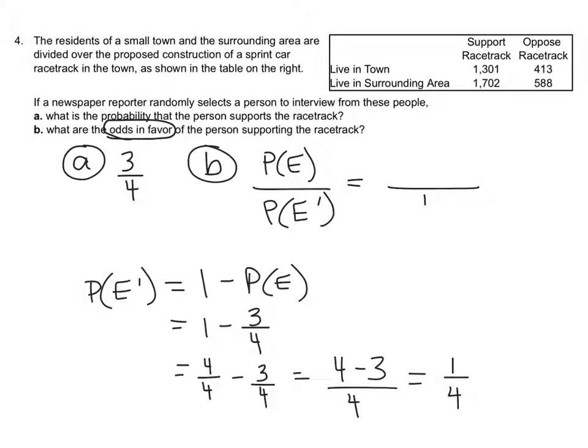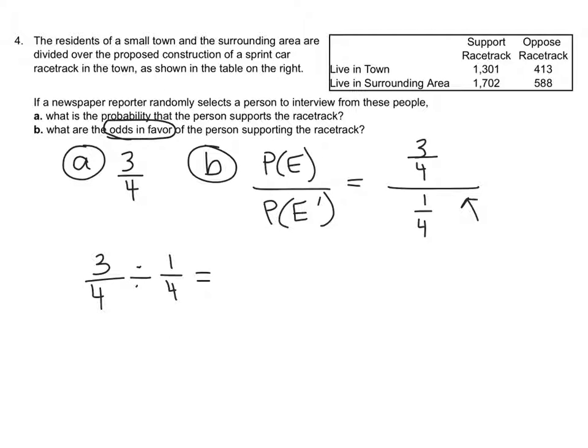And this is the denominator of our odds formula. Now the numerator of the odds in favor is just the probability of the event. So that is 3/4. Now again, this fraction bar represents division, so I'm going to rewrite this using a division sign. I have 3/4 divided by 1/4.